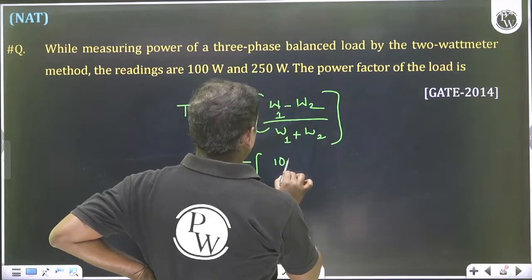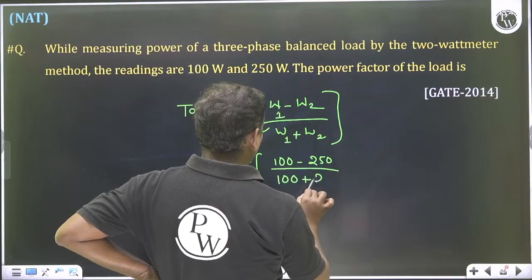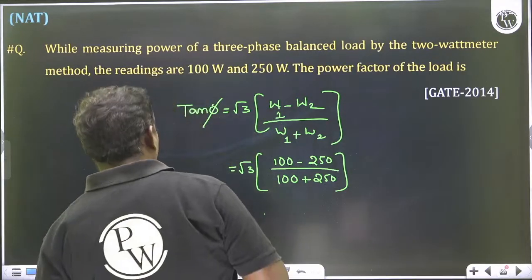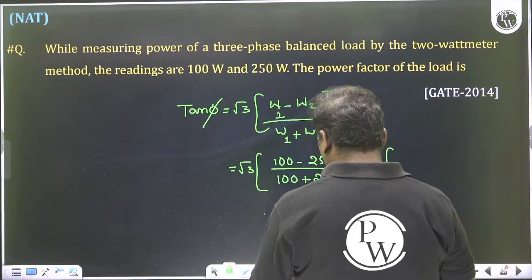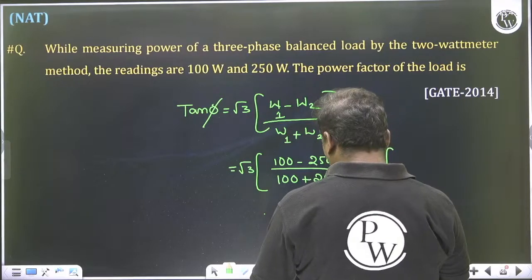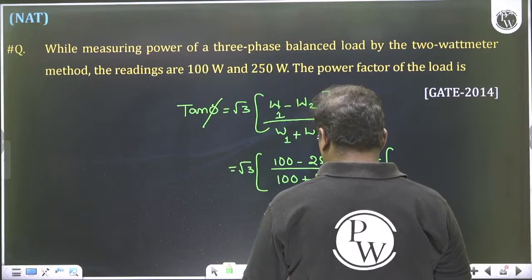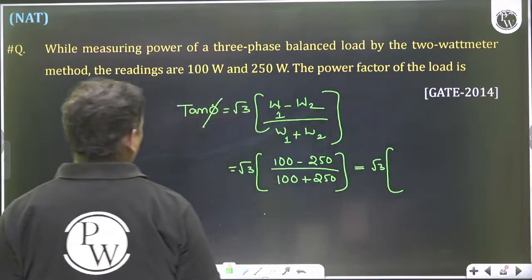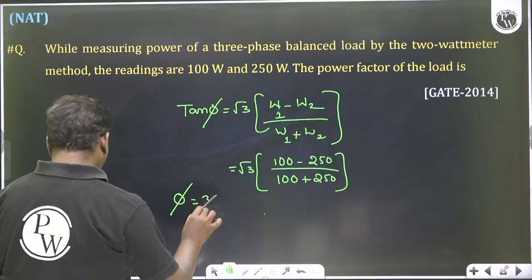So this is root 3 into (100 minus 250) divided by 350. That is coming as minus 3 by 7 into root 3. Shift tan inverse of the answer, I'm getting 36.5. So phi is equal to 36.6 degrees.